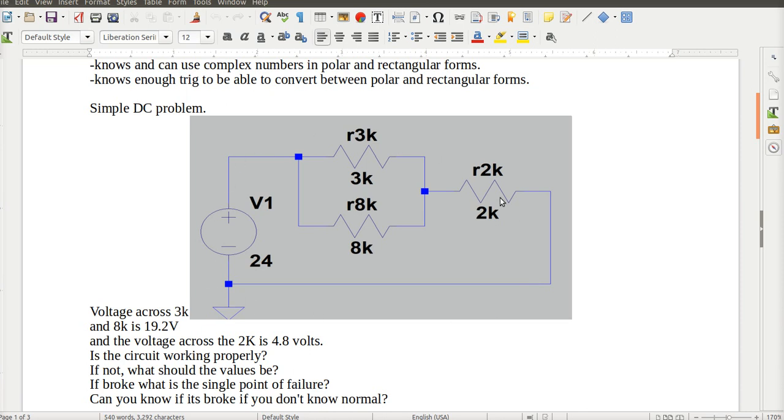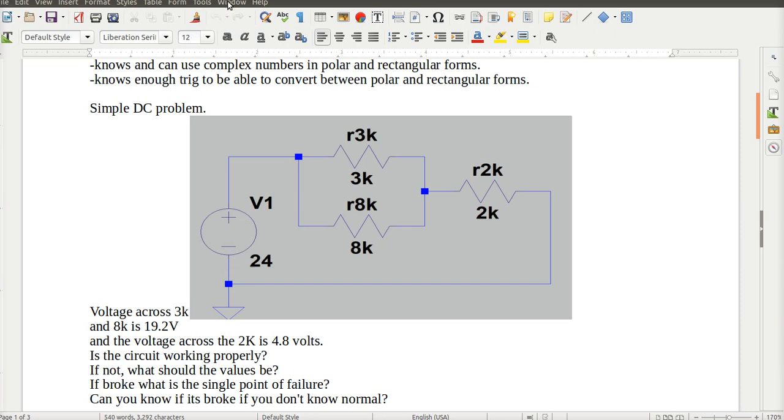So if I go in a clockwise fashion around here and I start with this current times this resistance, I get 3K or 3000 times I3 plus 2000 times I2, which would be this voltage drop. And then voltage drops for battery sources, you go by the terminal you come to first. So this would be a minus 24.